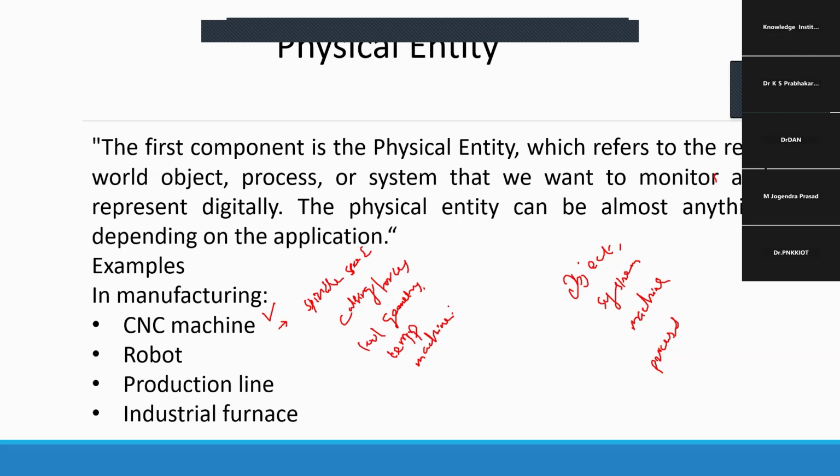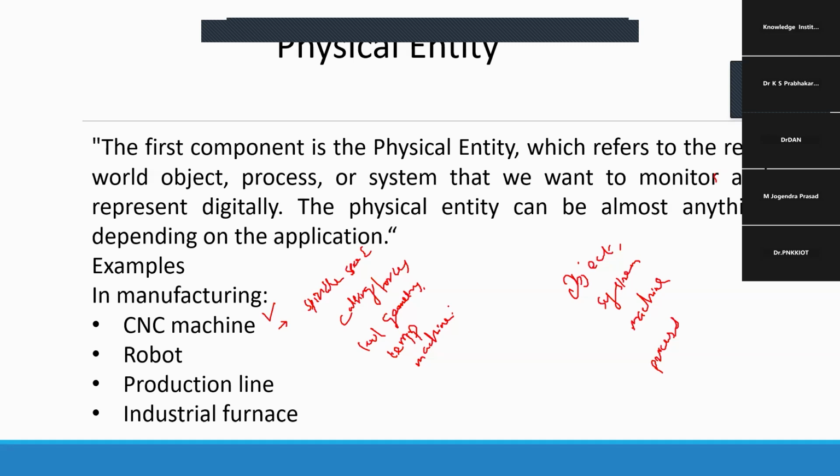Again, this system will generate a lot of operation data. It should give valuable information about the condition of this particular physical asset or entity, so we need to be careful about which parameters are important.